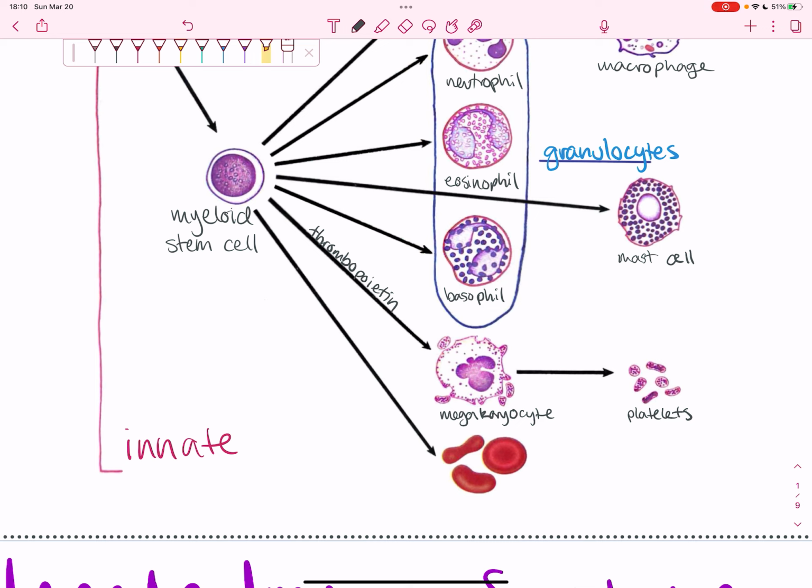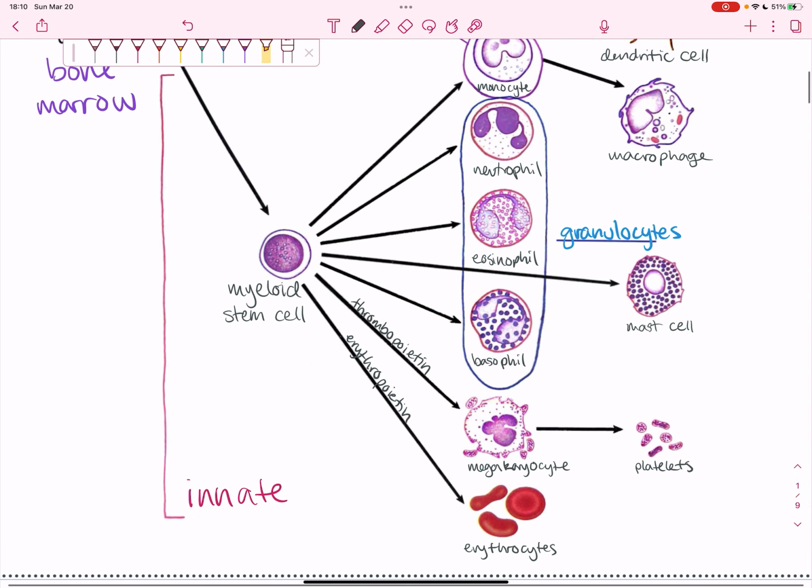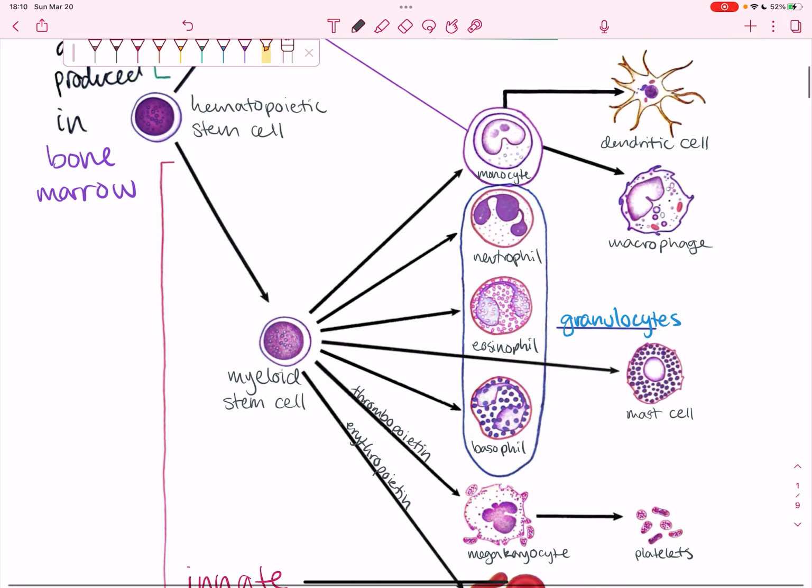If you throw in some erythropoietin, then you end up with erythrocytes, or red blood cells. I don't like how I wrote that. Better. Okay. I think that's it for labeling with the innate immune system.